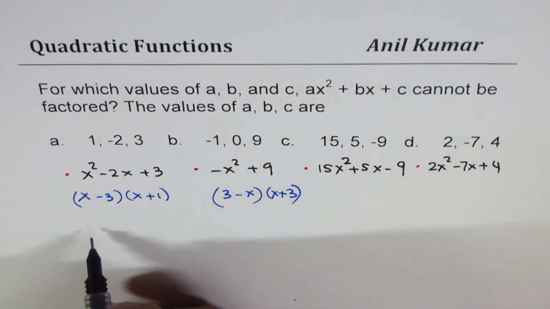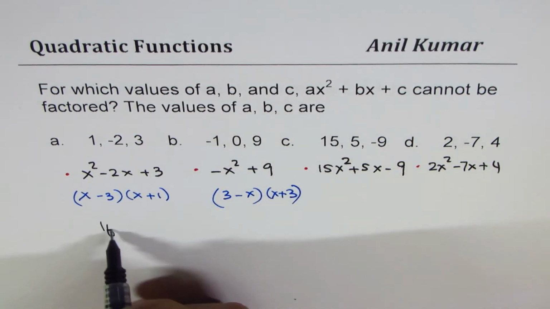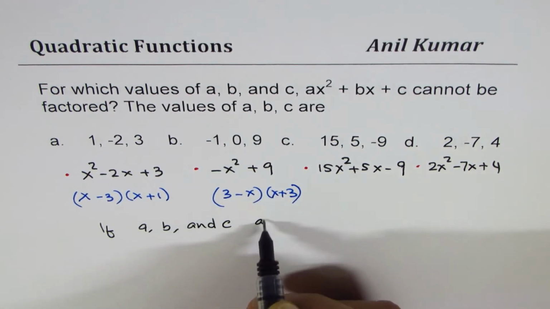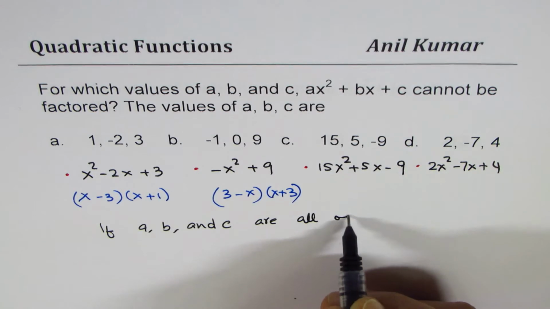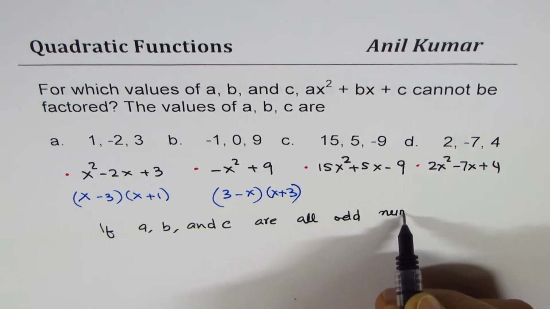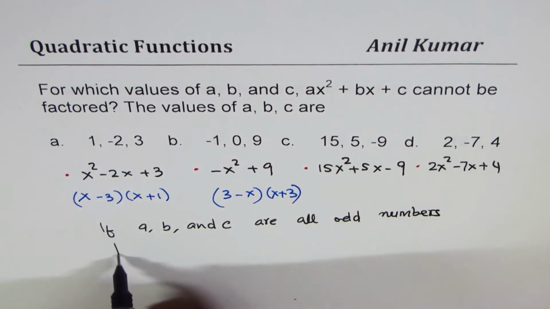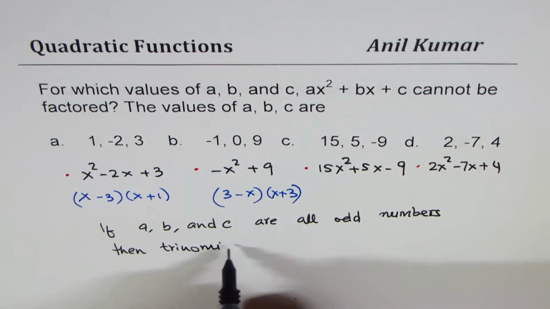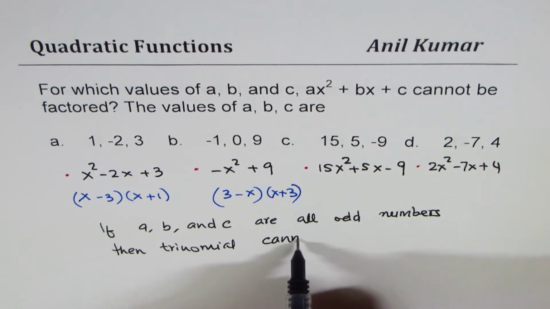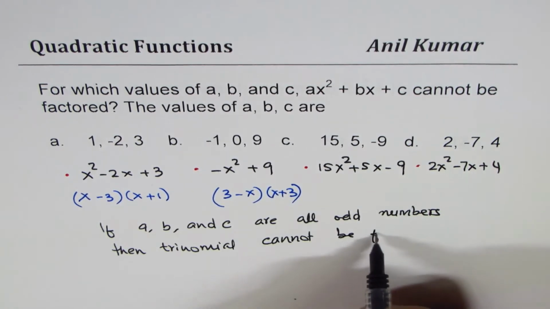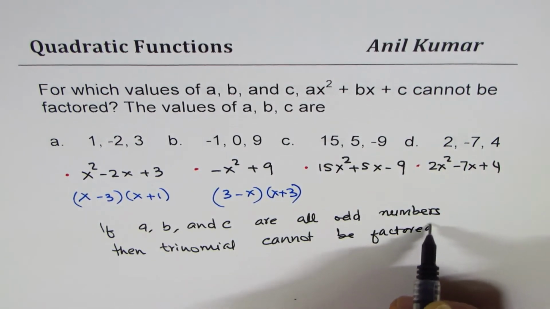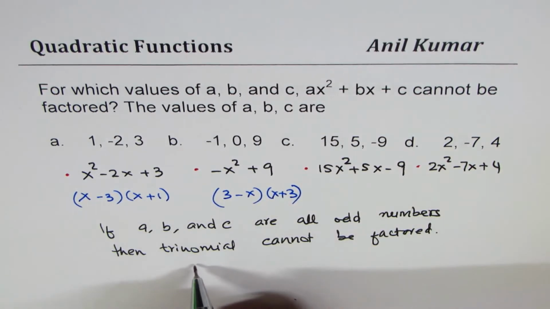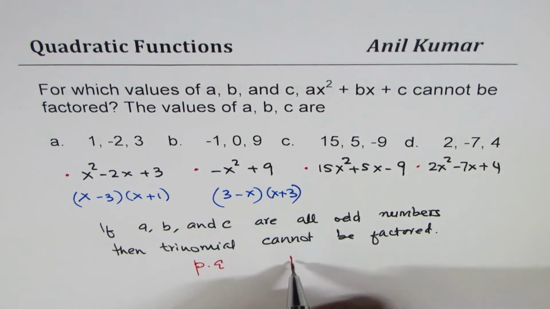And the rule is that if a, b, and c are all odd numbers, then the trinomial cannot be factored. Is that okay? The reason is very simple. We are looking for a combination of product and sum.